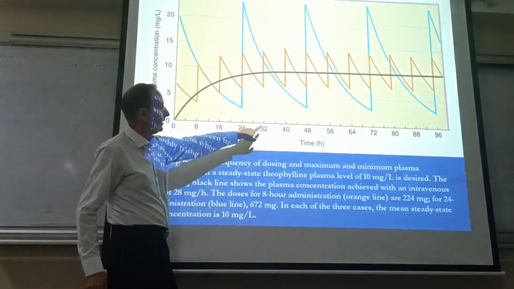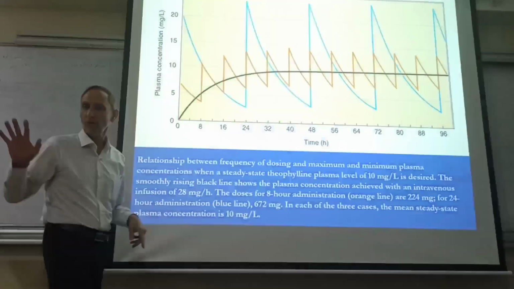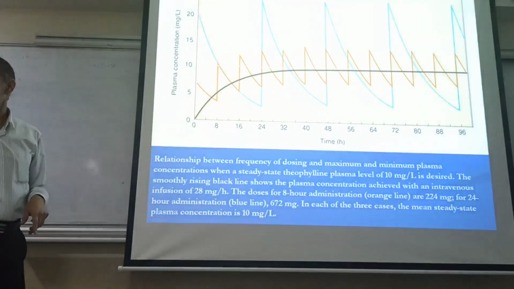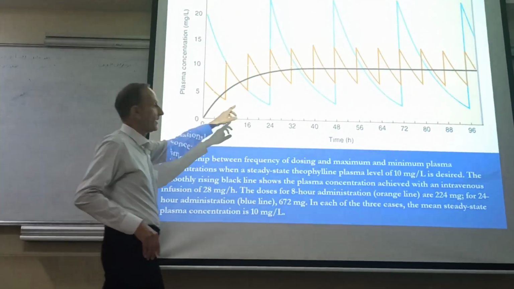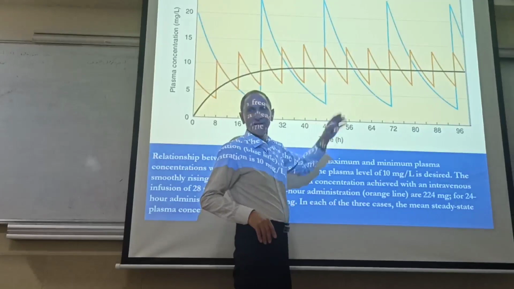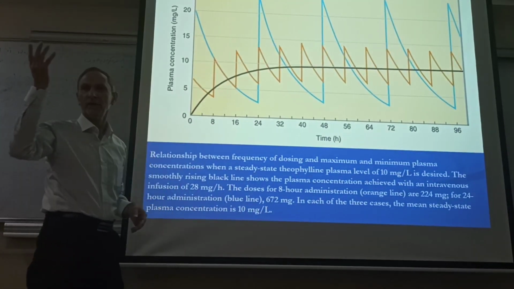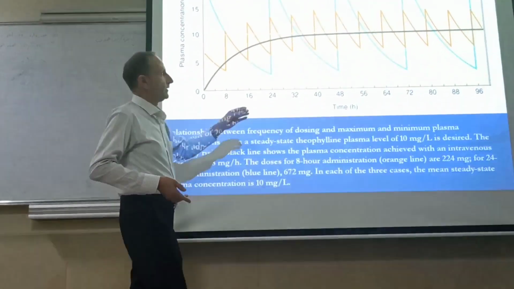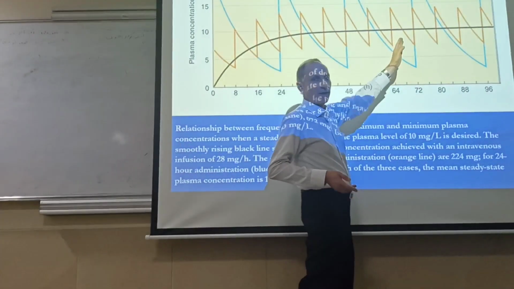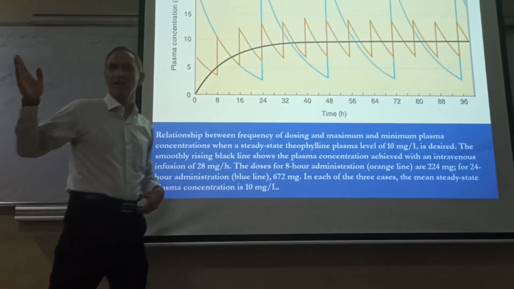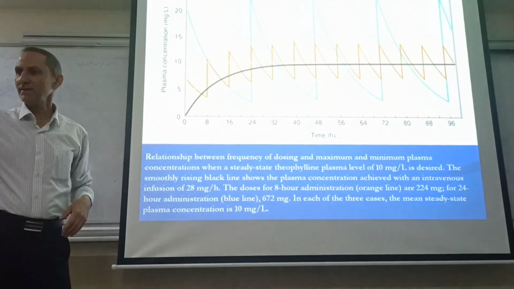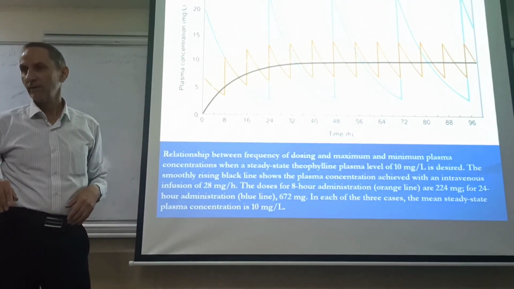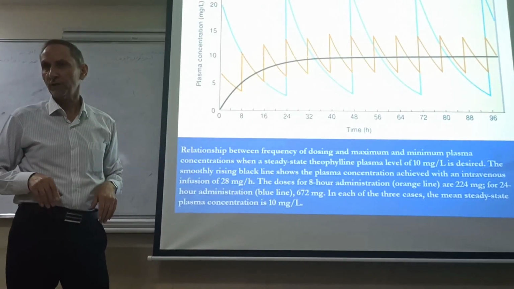And after 40 hours, after 5 half-lives, we reach a concentration of about 97%. And then, if we continue the infusion, we have a constant concentration. We have no fluctuation.